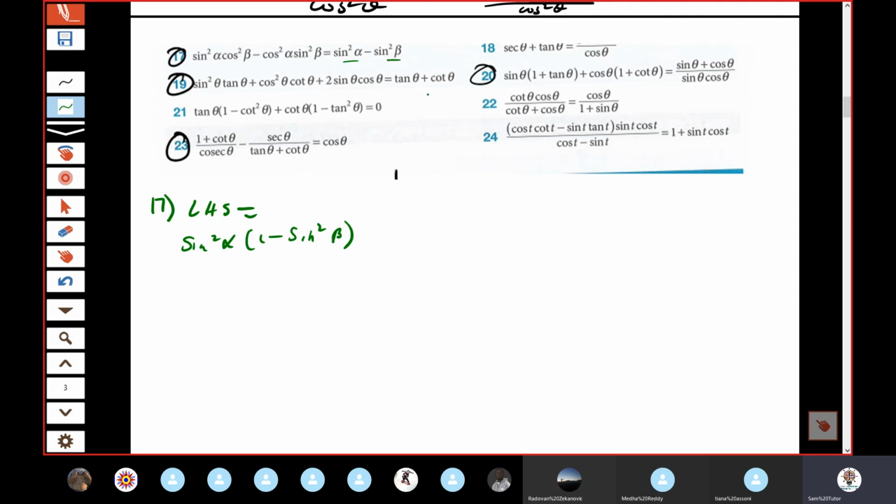Because you want it in terms of sine and sine. Minus cos squared alpha, again, 1 minus sine squared alpha, times sine squared beta. And what you're hoping for is once you expand this, something will cancel out. And it does. Sine squared beta plus, see?